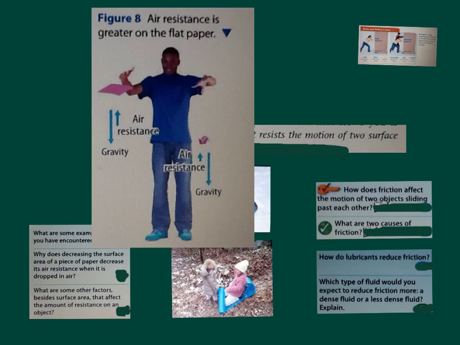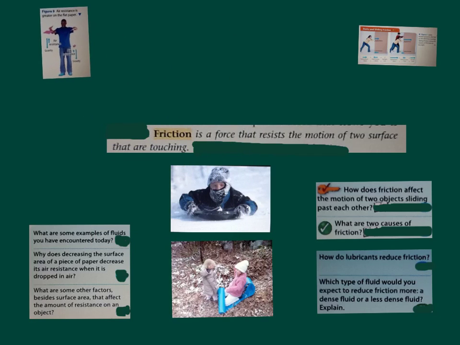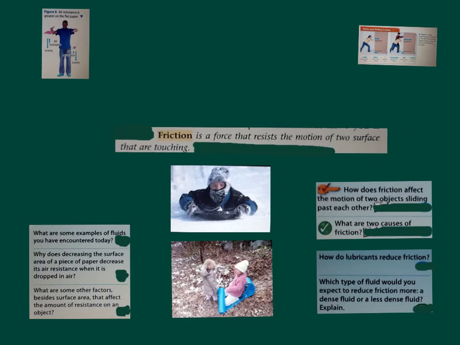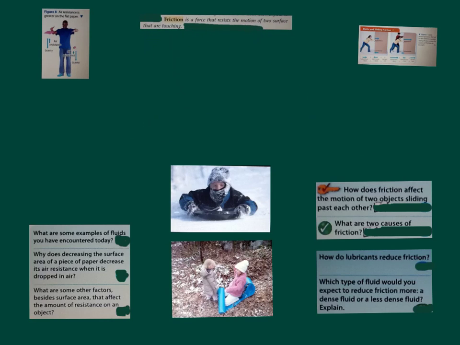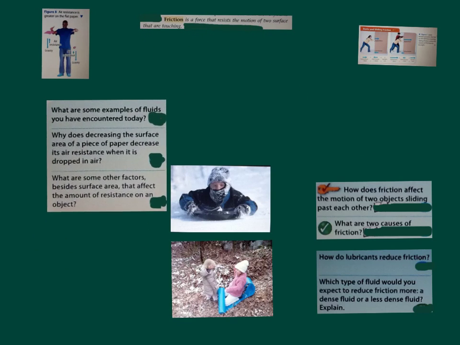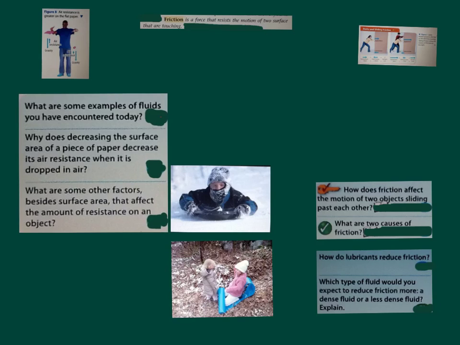Okay, so now I want to ask some key questions for you to answer. Okay, I'll be moving these up here. All right, those questions are right here. Question number 1 right here. What are some examples of fluids you have encountered today? Just some fluids that you have encountered today. The next question I want you to write down.